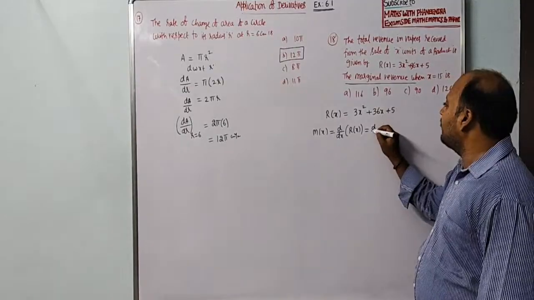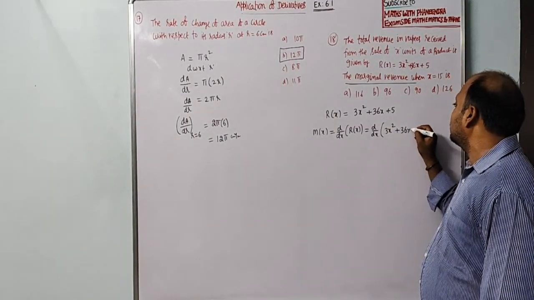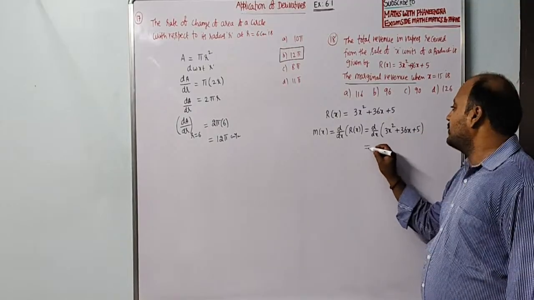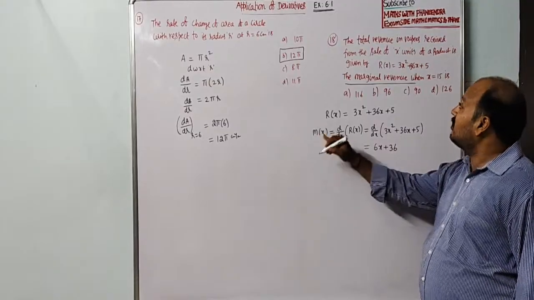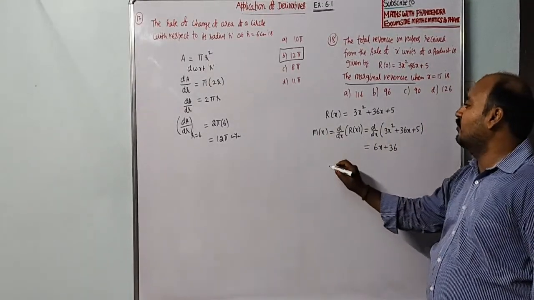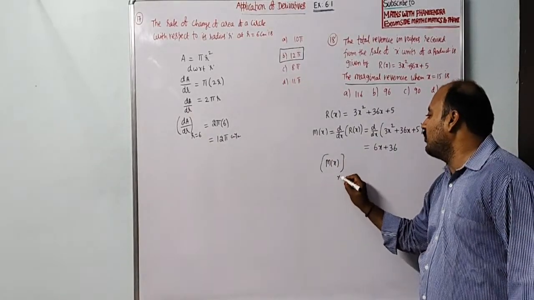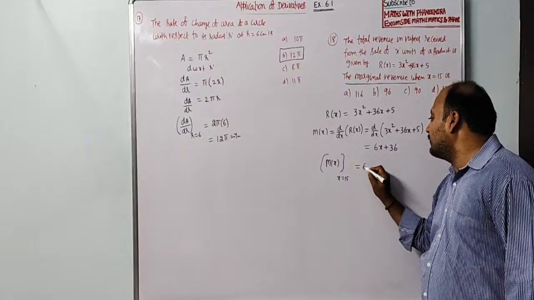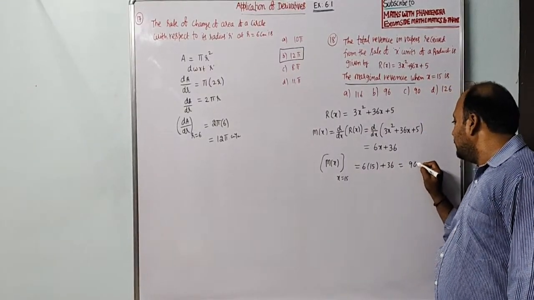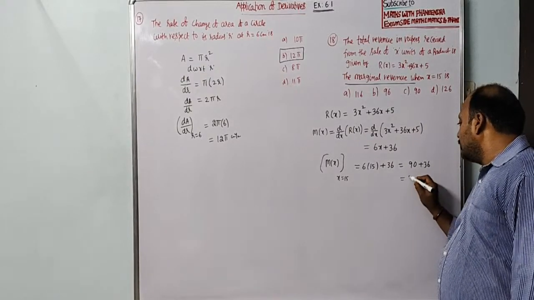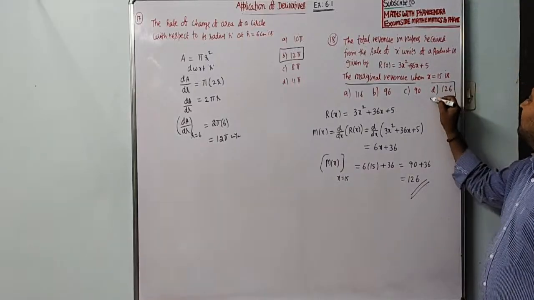So just you have to differentiate with respect to x to this 3x square plus 36x plus 5. So which is equal to 6x plus 36. But marginal revenue when x is equal to 15. So wherever x is there, replace with 15. 6 into 15 are 90 plus 36, which is equal to 126. So 126 is there in the fourth option.